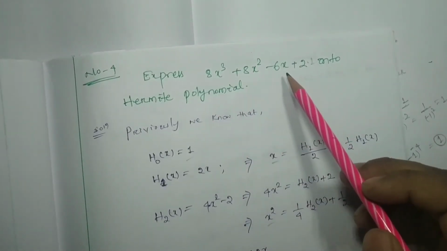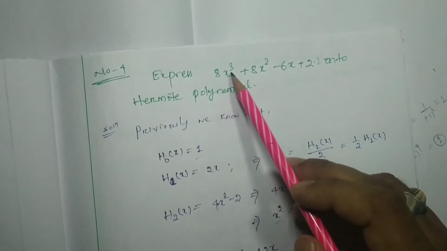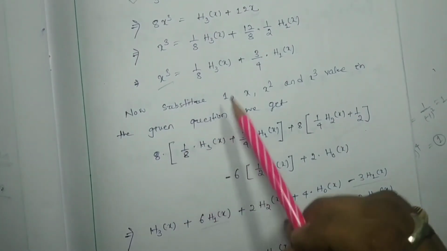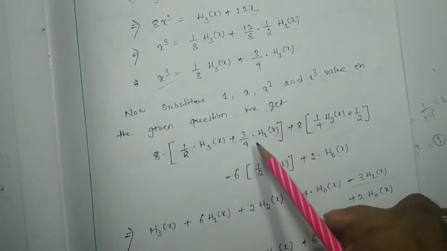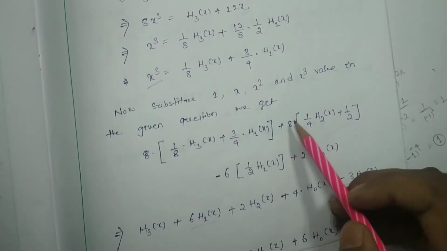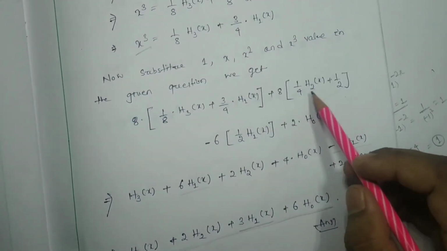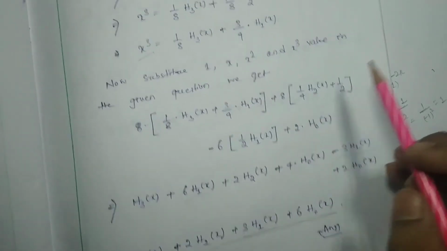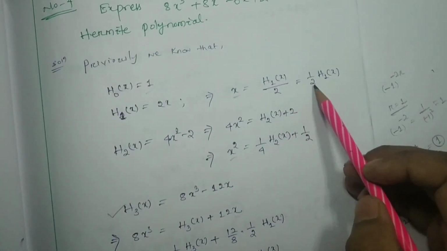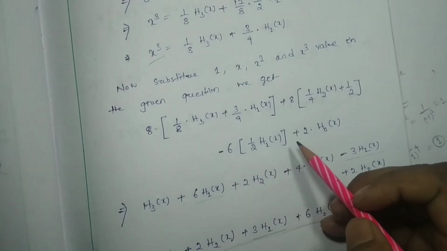This is our question: 8 into x cube, that means 8 into 1 by 8 H3(x) plus 3 by 4 H1(x), then plus 8x square, where x square is 1 by 4 H2(x) plus 1 by 2, then minus 6x, where x is 1 by 2 H1(x), then plus 2.